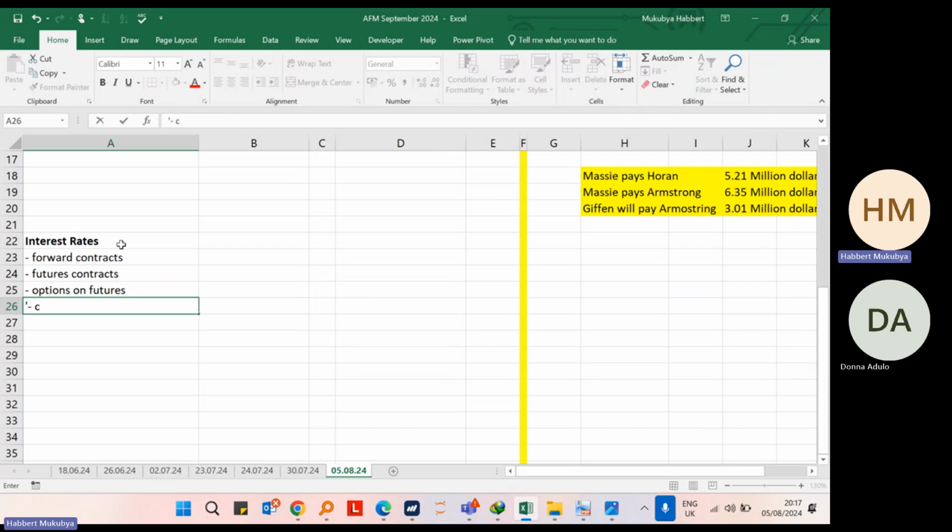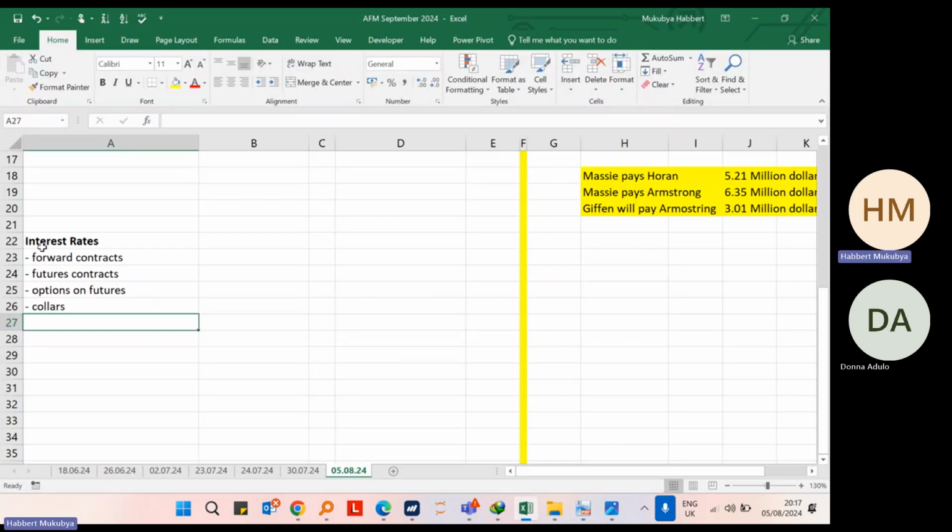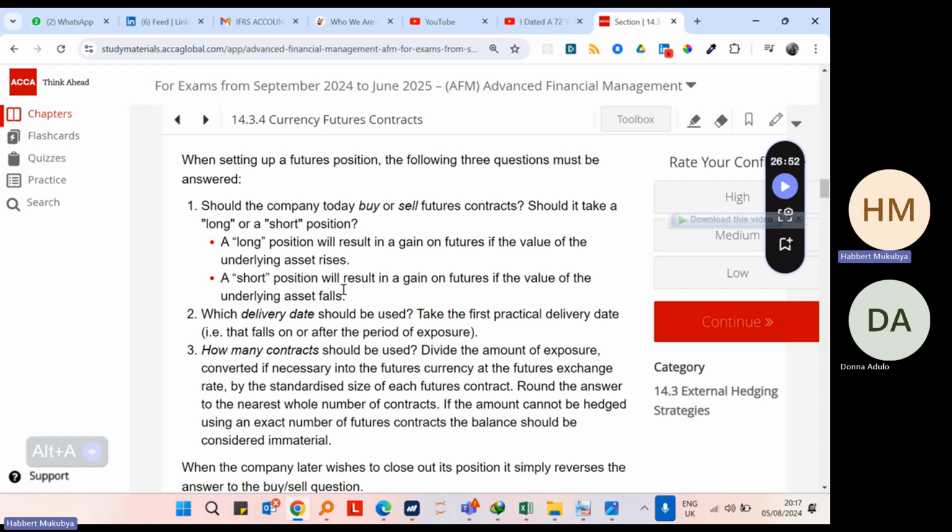Then sometimes we have collars, which I think in this question they are asking us to deal with. So now these are the 4 methods.